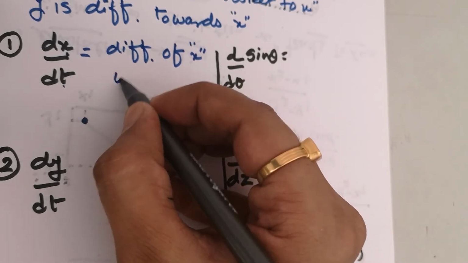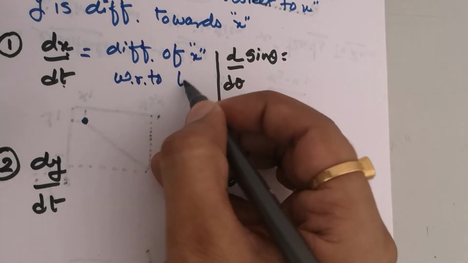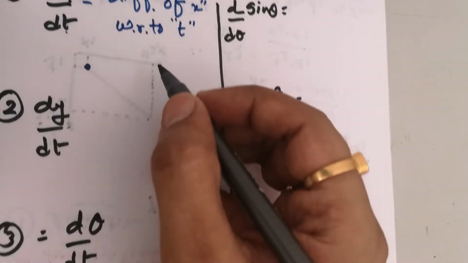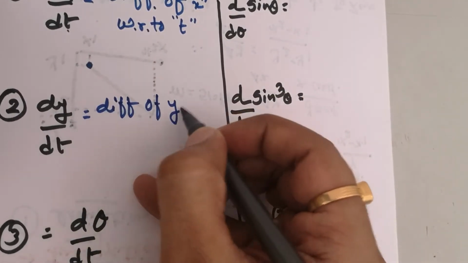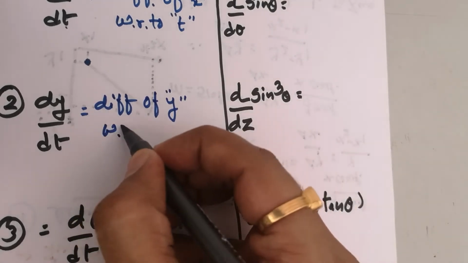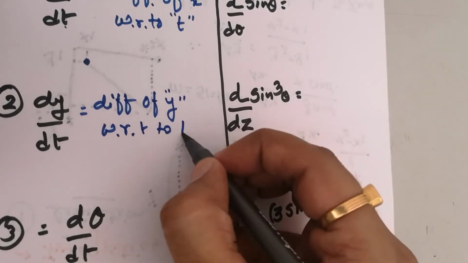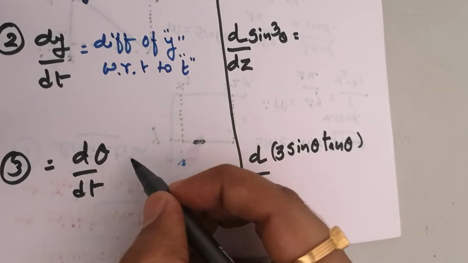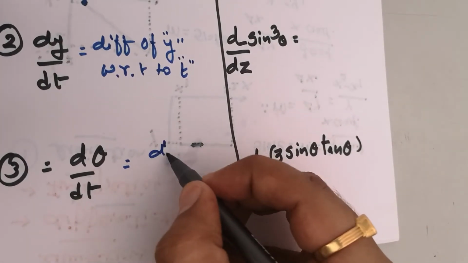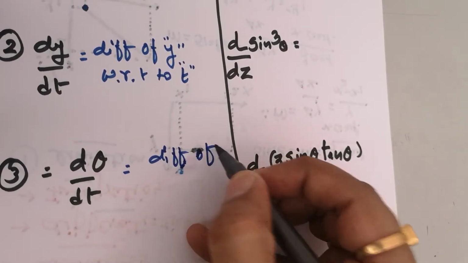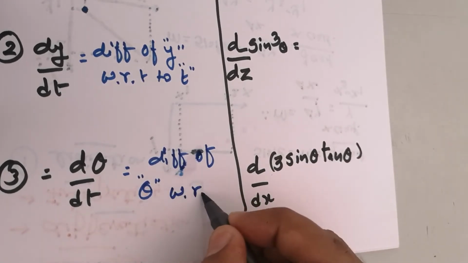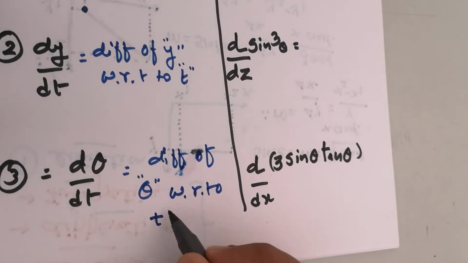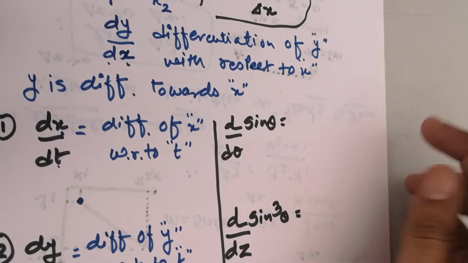Differentiation of x with respect to time t. Here you will say differentiation of y with respect to t. Here you will mention differentiation of theta with respect to t. So these are the general terms of how you will read it.